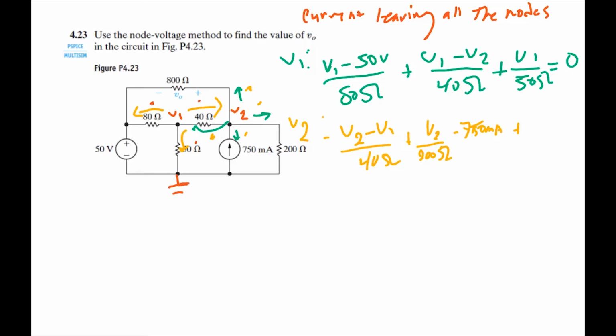But we also have current flowing from V2 over to this branch here, where the next voltage potential is 50 volts. So that's V2 minus 50 volts over 800 ohms, and we set that equal to 0.